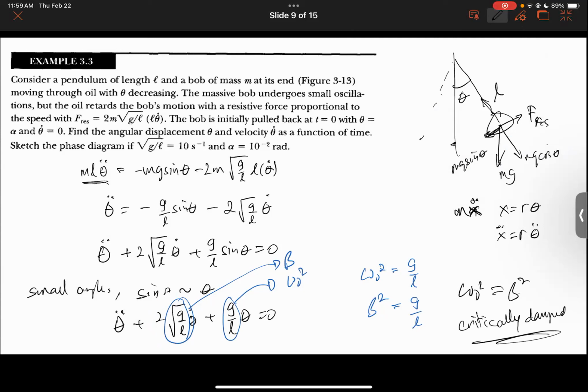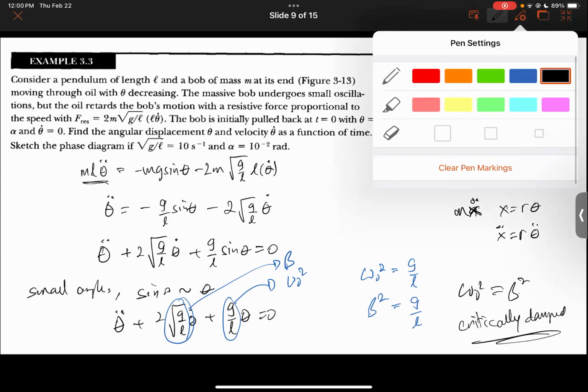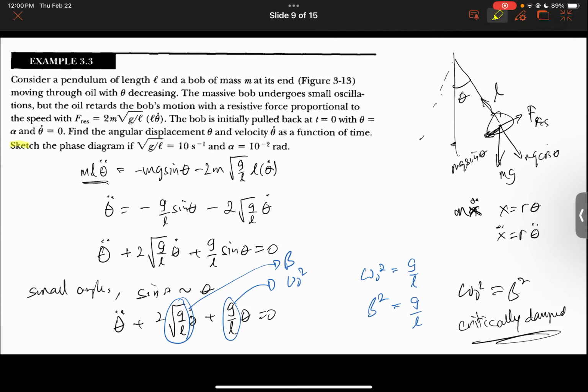And how do we describe this motion? Of course, we need to plot a phase diagram, and it's actually one of the things required here. So sketch the phase diagram if square root of g over L is equal to 10 per second and alpha is equal to 10 to the minus 2.